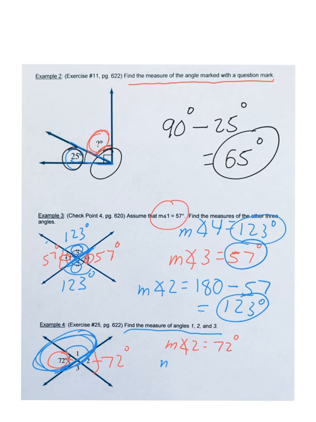Since these two side-by-side angles are on top of a straight line, I immediately think of the number 180 for the straight line. So 180 minus its adjacent angle, 72 degrees, gives me 108 degrees. So the measurement of angle 1 is 108 degrees.